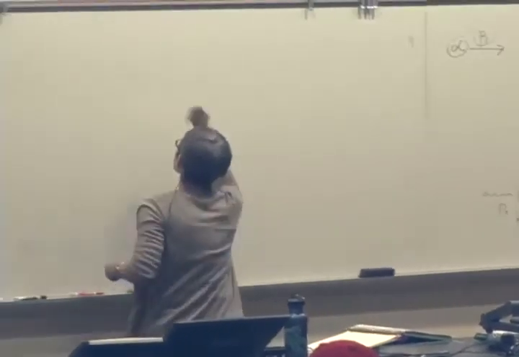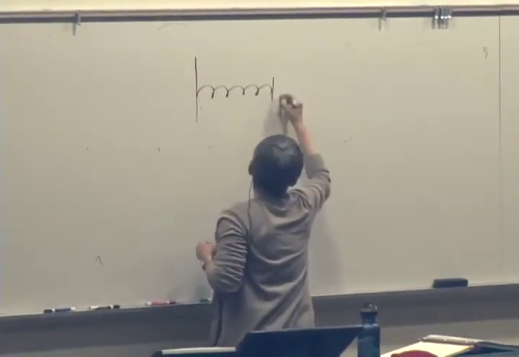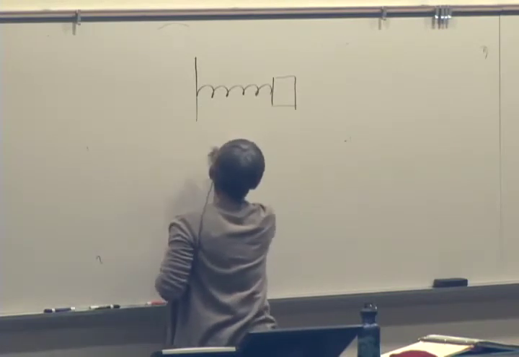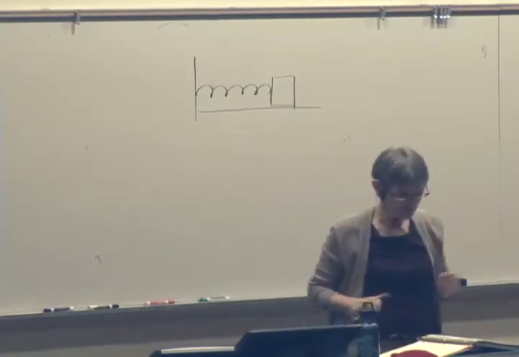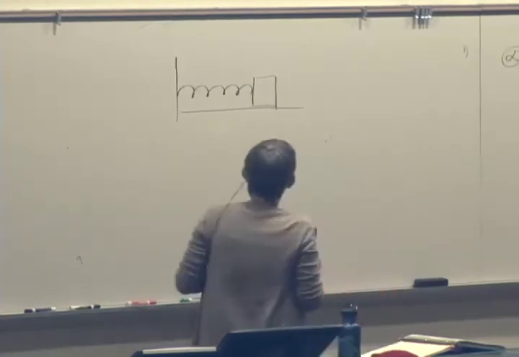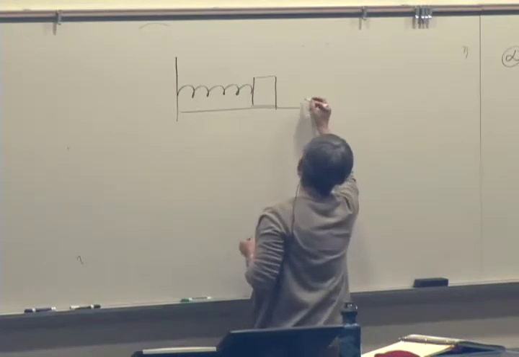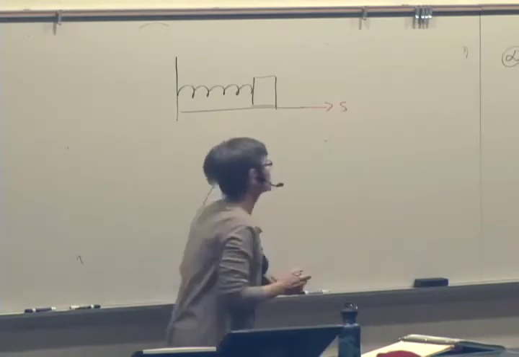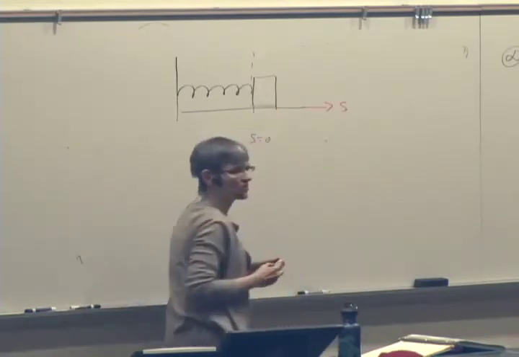So let's consider a horizontal mass spring system sliding on a frictionless surface, just so we can simplify it by not worrying about gravitational interactions right now. We're going to give this axis the name S. This is going to be the stretch axis, and this is S equals 0 here.